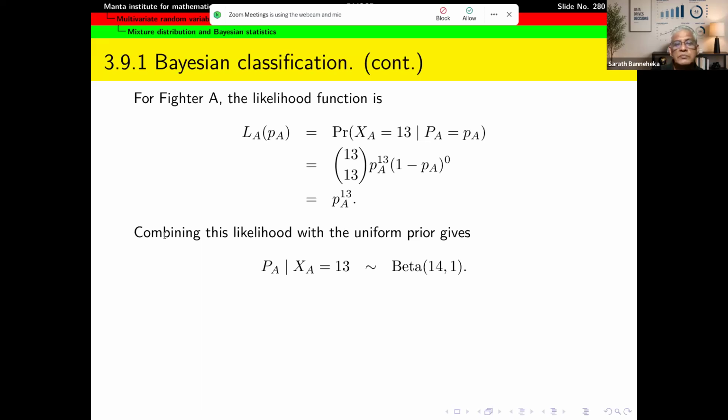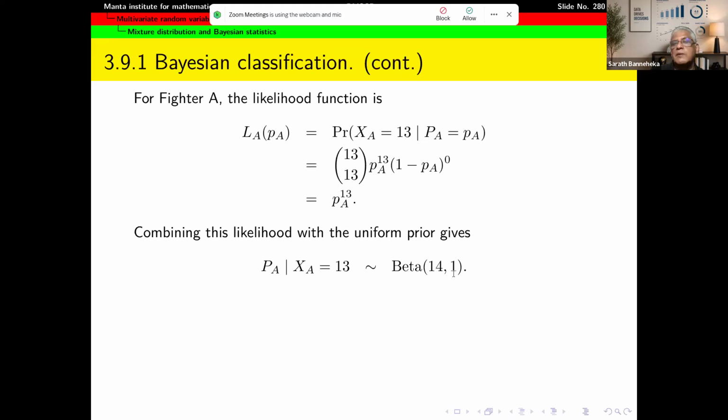And if you multiply that by the prior distribution that we assume, then we can show that the posterior distribution of PA given XA equal to 13 has a beta 14, 1 distribution.